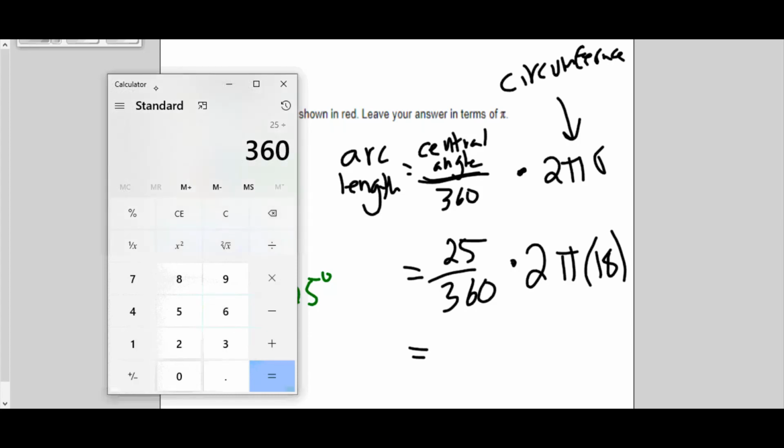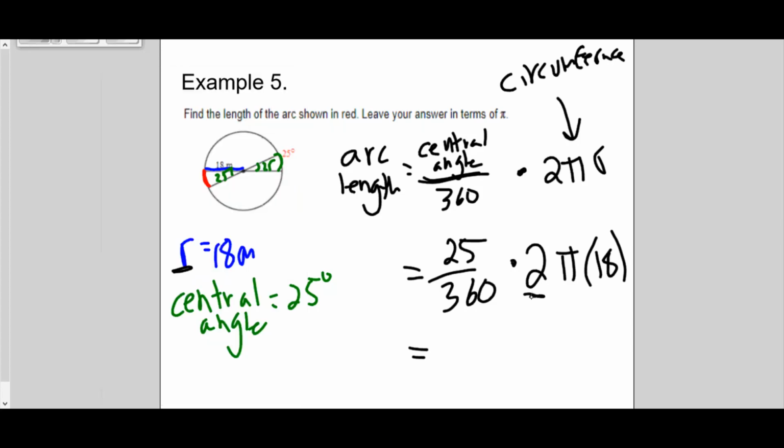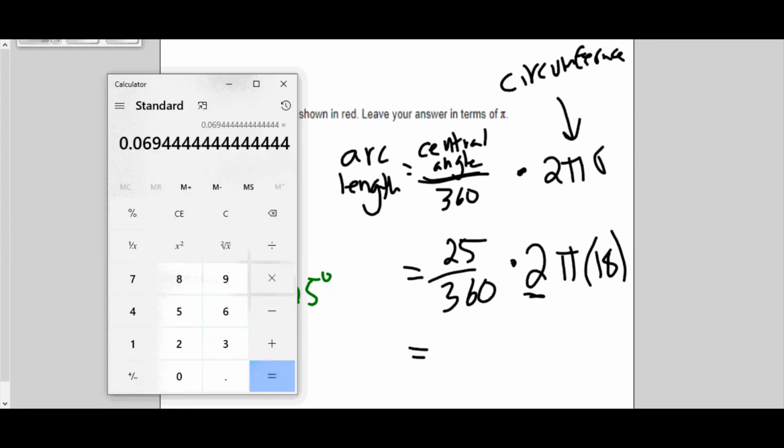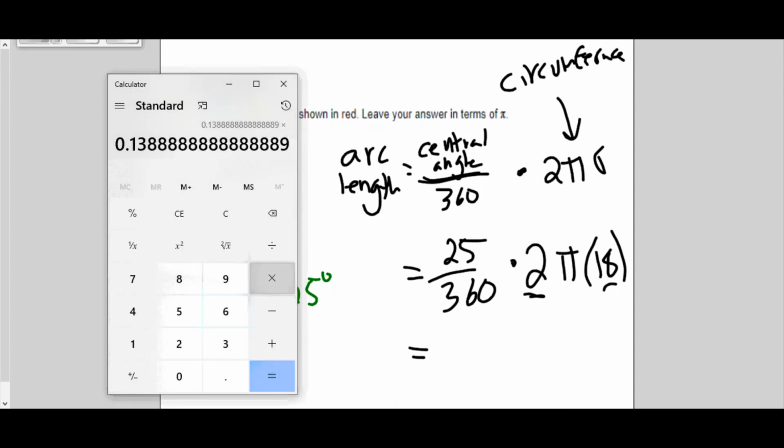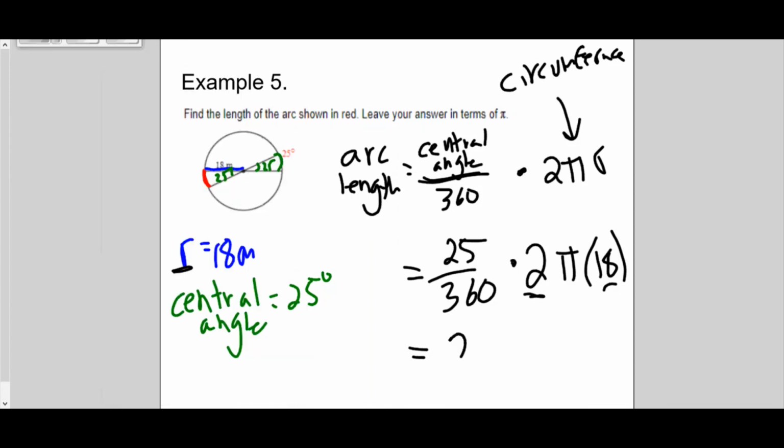And then I'm going to multiply that by 2, and then multiply that by 18. And notice I'm not doing anything with pi because they asked me to leave my answer in terms of pi. So this will be 2.5 pi. So that would be my answer. And this would be in meters. So 2.5 pi meters. So that's the answer for this one.